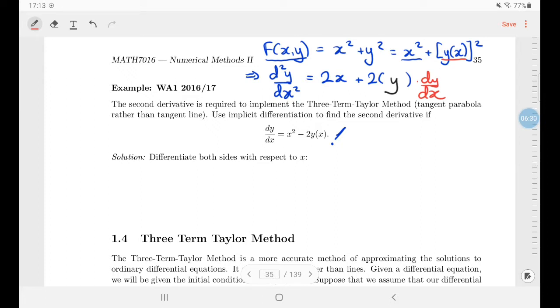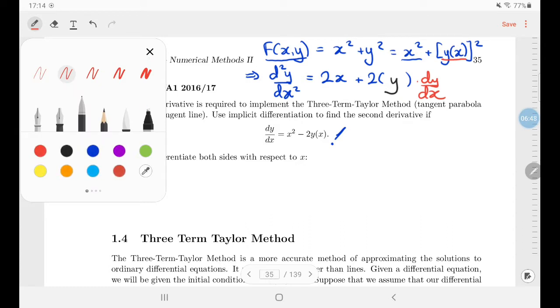Okay, so here we go. Here's an assessment question. The second derivative is required to implement the three-term Taylor method. So we'll learn about that in a second. Use implicit differentiation to find the second derivative if dy dx is x squared minus 2y of x. So we differentiate both sides with respect to x.